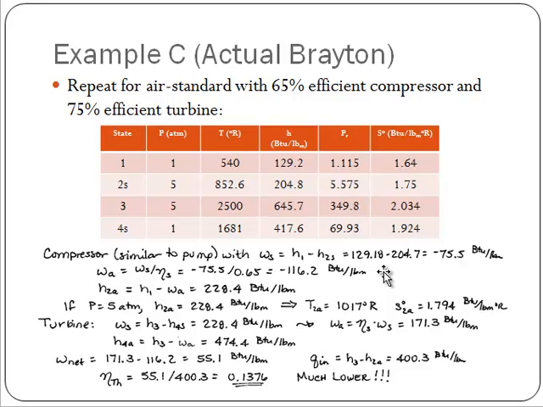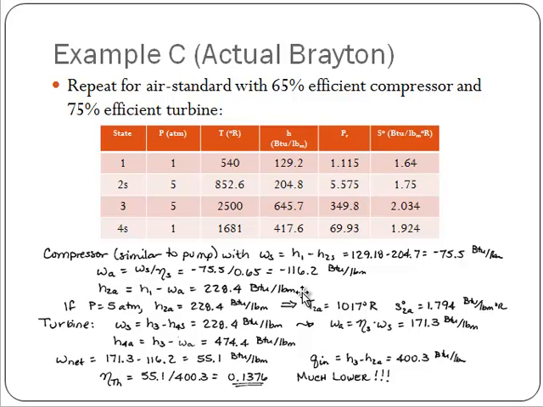Now that means the actual exit enthalpy can be calculated using this same definition for work, except I'm now going to put the actual exit paired with the actual amount of work. So if I solve for the actual exit enthalpy, it's H1 minus the actual work, which is 228.4 BTUs per pound mass.